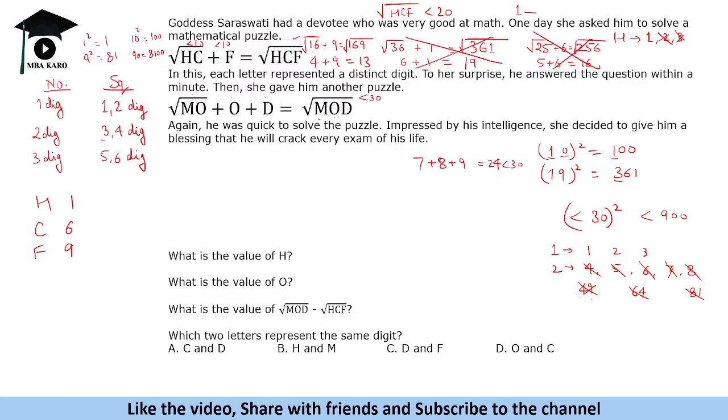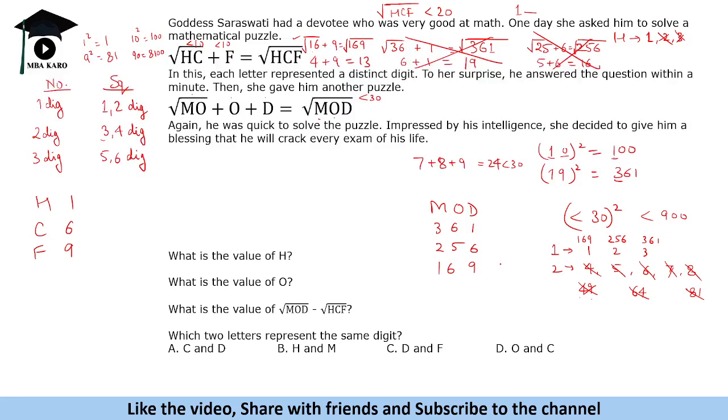Okay, for 1 we will again take these same cases. So we can say that 361, then we can have 256 and 169. We already did 169 in the first puzzle, so it should not be the answer because in the previous one it was the answer.